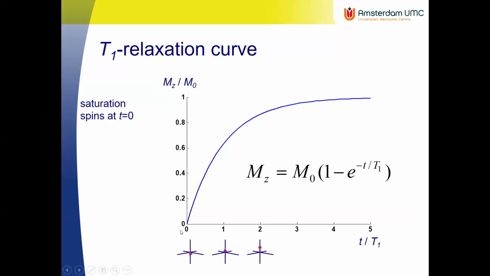So what you have to remember is that all the tissues go from 0 right after the excitation pulse. The longitudinal component is 0 because the magnetization is horizontal, and it grows back to the equilibrium state, and the speed is determined by the tissue property T1.